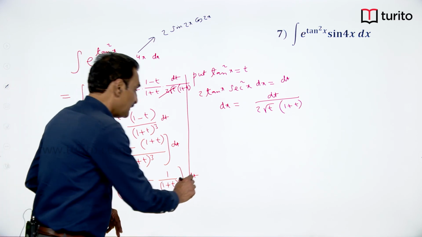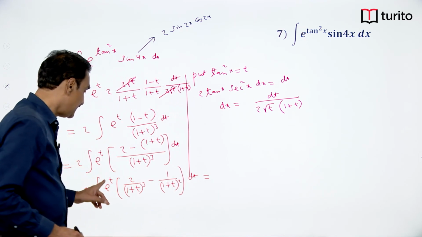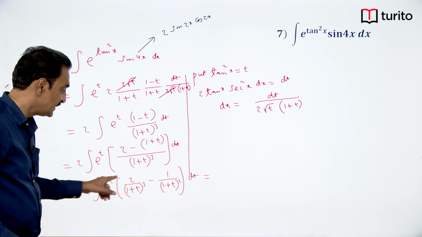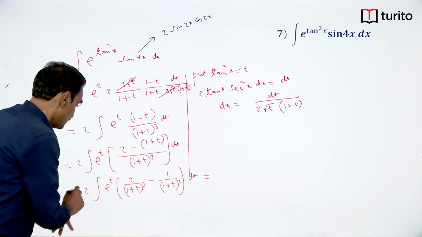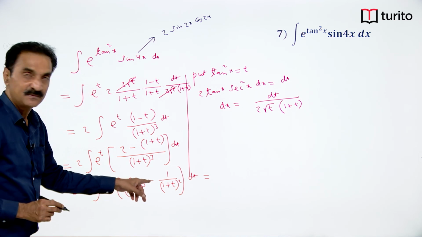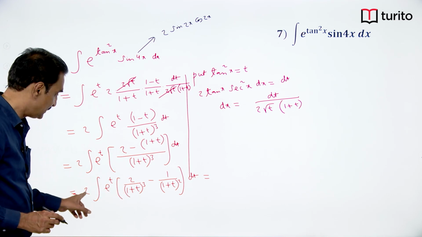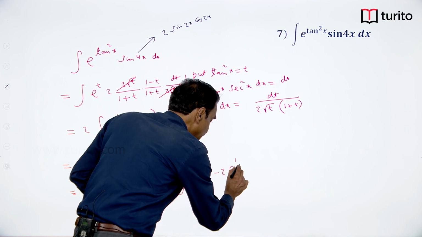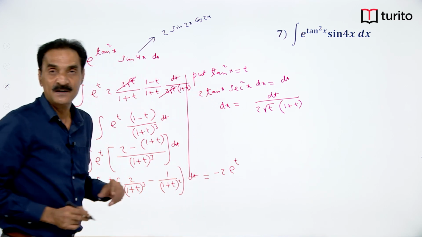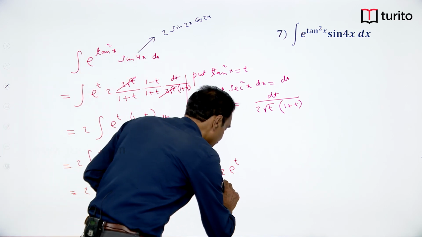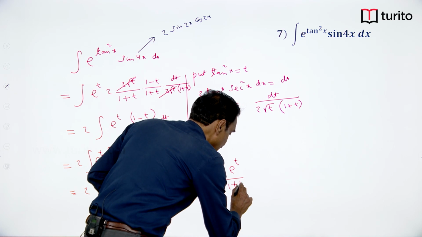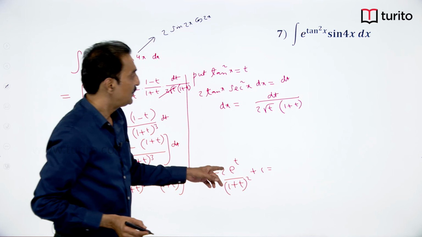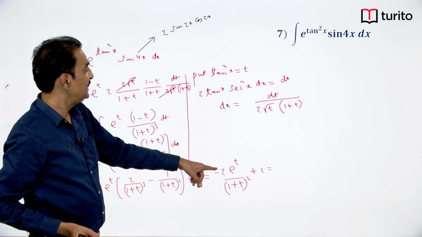So its integral is e power t into f of t. f of t is this. We have 2 here and we have minus over here. So it will be minus 2 into e power t by 1 plus t whole square plus c. Now what is e power t?